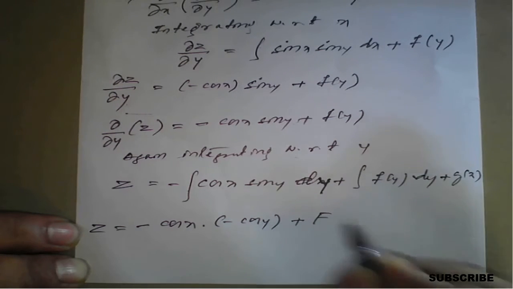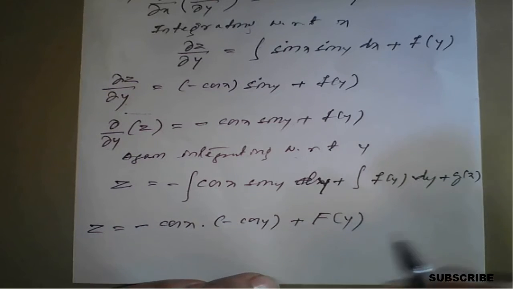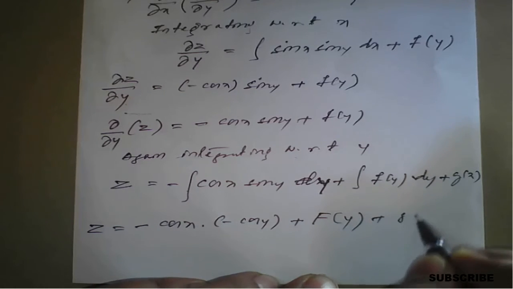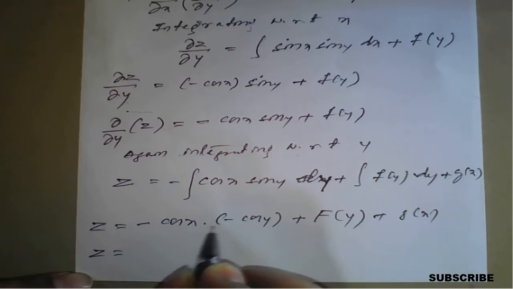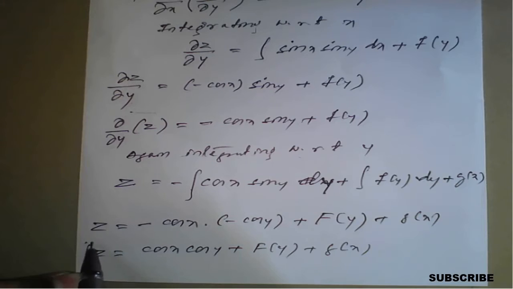I choose this as capital F of y, as we have taken previously, plus small g of x. Rearranging, z equals plus cos x cos y plus capital F of y plus g of x. So we got z now.